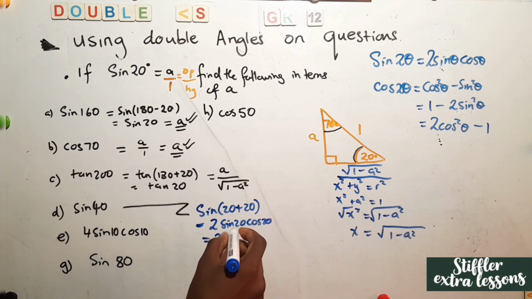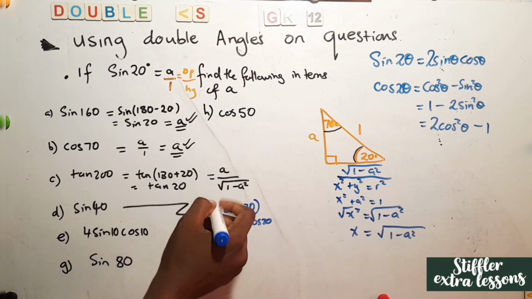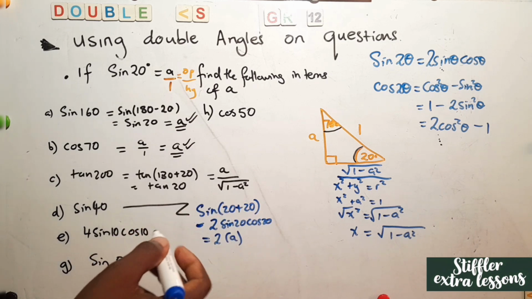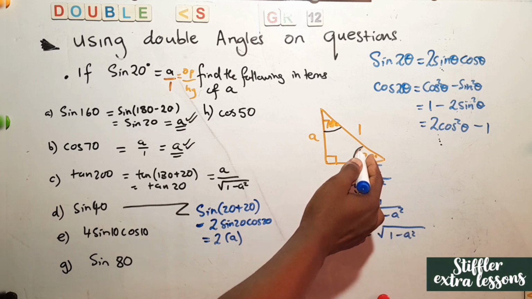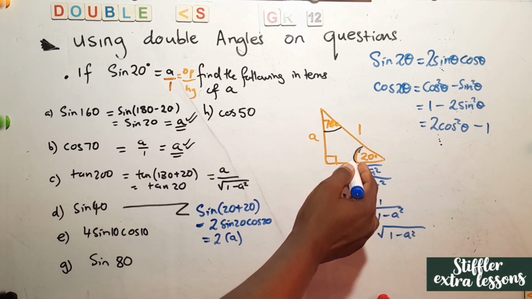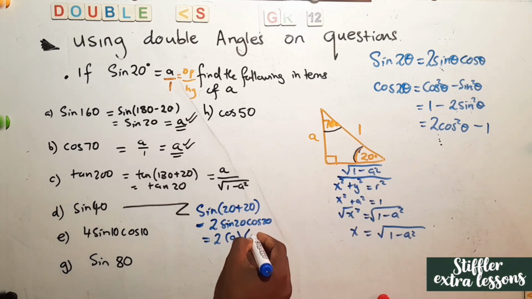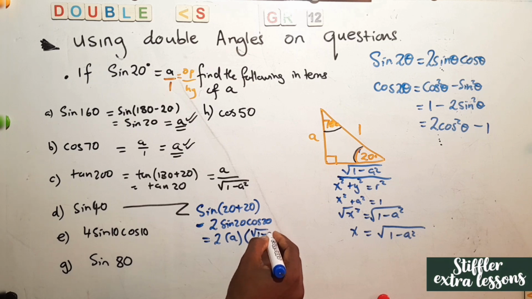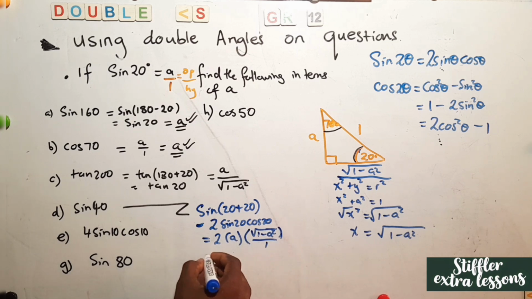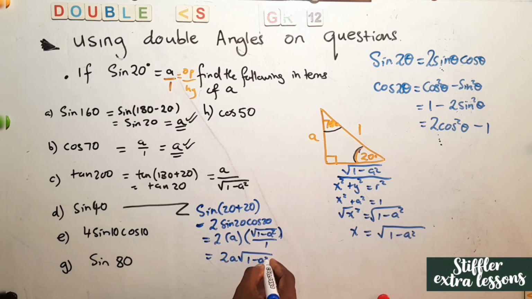So this will be 2, and sine of 20 we already know is a, and cos of 20 will be adjacent over hypotenuse. So that's root of 1 minus a squared all over 1. So this will be 2a, the root of 1 minus a squared, like that. So this will be our answer.